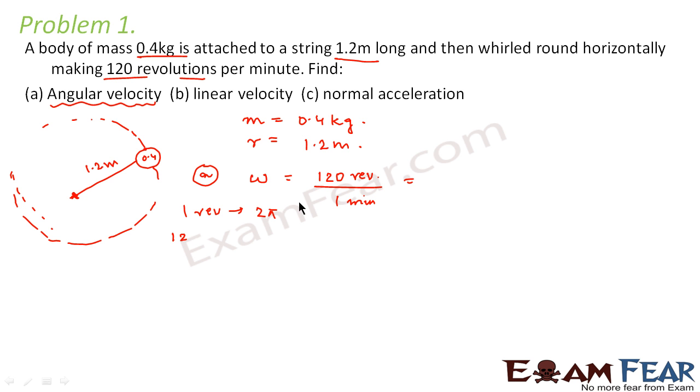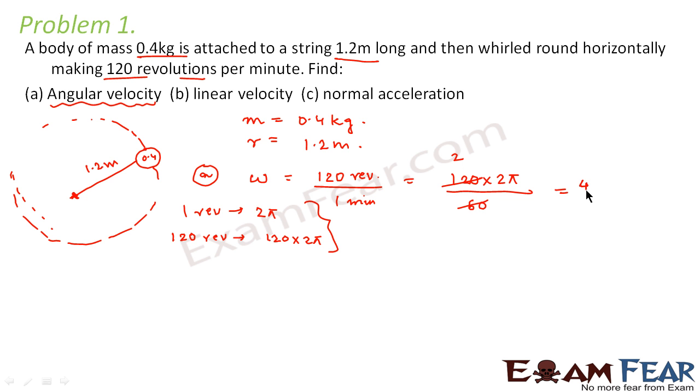So what will be the angle that it will cover in 120 revolutions? It will cover 120 into 2 pi. This will be the angle covered and the time taken should be in seconds. So 1 minute is equal to 60 seconds.